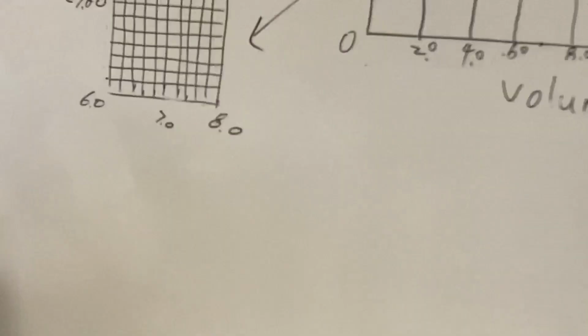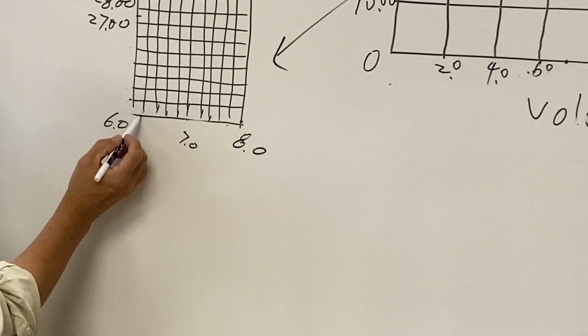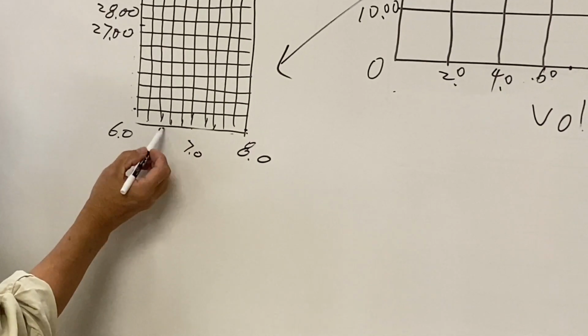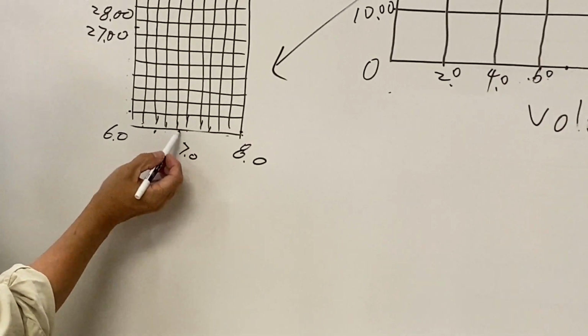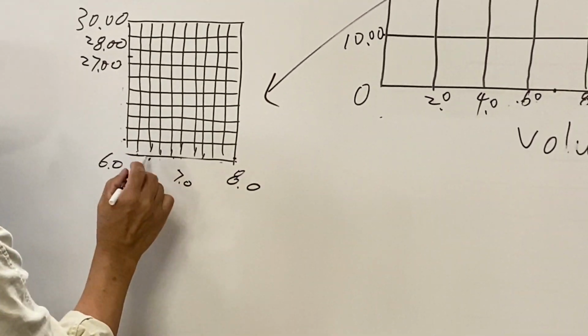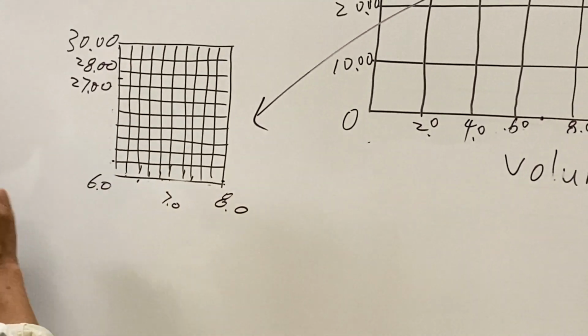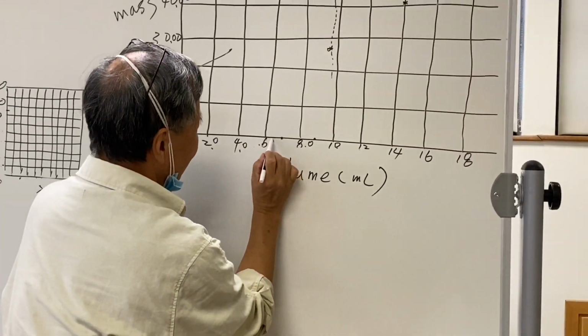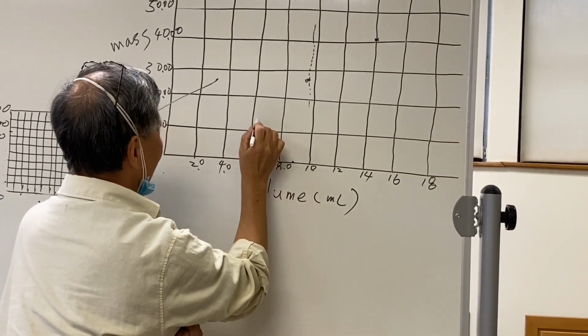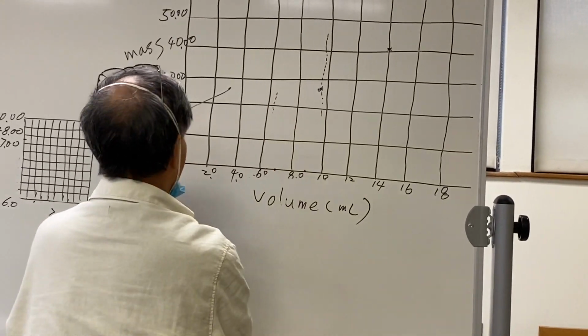All right, 7.0. So 6.2, 6.4, it's the second one, not 1, 2, 3, 4. That will be 6.8. All right, so that's 6.4. So you're located where 6.4 is, and go all the way up, and then you will have that.